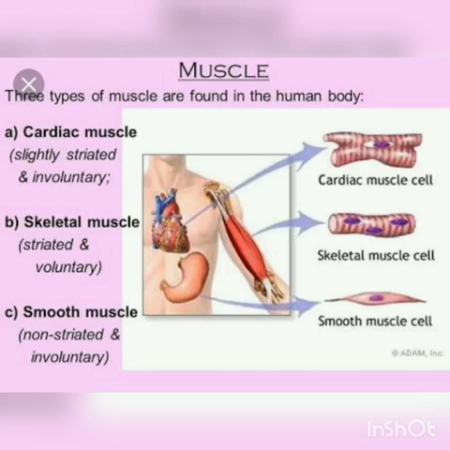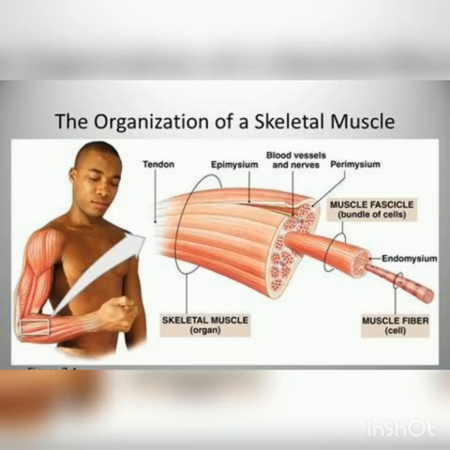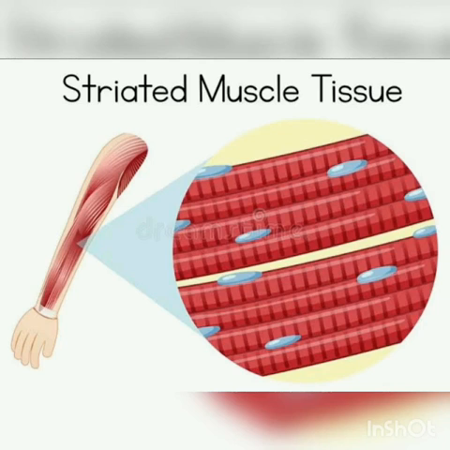Striated muscles, long muscles. A sheath of tough connective tissue encloses several bundles of muscle fibers. So skeletal muscle is nothing but the muscle which is attached to the skeletal bones. These consist of striated skeletal muscles, as in the biceps.